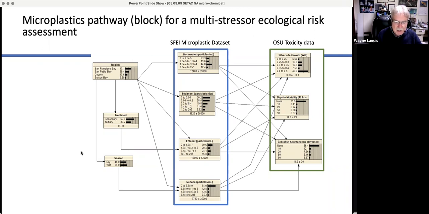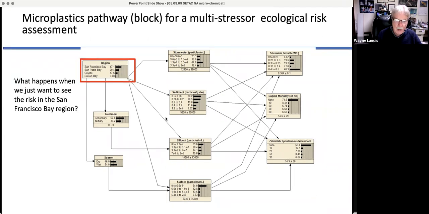Same basic process, different arrows, different materials, but again, we're going from the source, the amounts of materials, and their effects. And this is just, again, if you just want to see what risk is in the San Francisco Bay region, these are the numbers that were found, the treatments, the stormwater particles, and 3 different endpoints here, silversides, daphnia, and zebrafish, looking at what the effects would be.